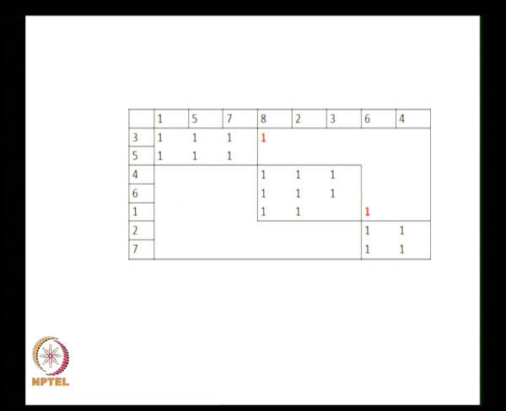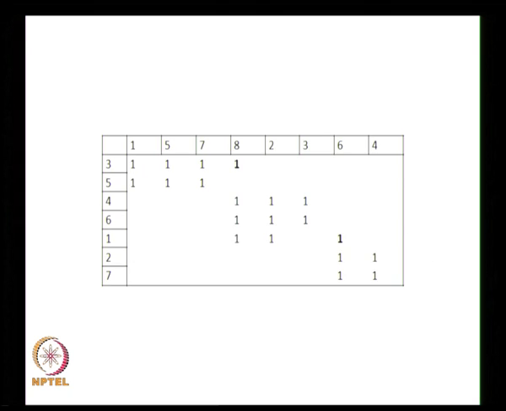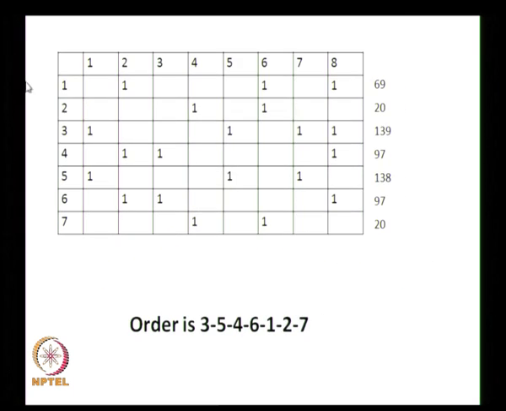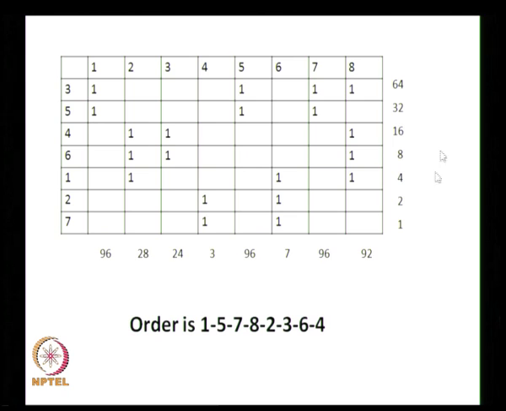Now when the initial rank order clustering algorithm was first proposed, we were giving weights like this. I had indicated that the weights corresponding to these 8 columns would be 1, 2, 4, 8, 16, 32, 64 and 128. Similarly, the weights corresponding to the rows were 1, 2, 4, 8, 16, 32 and 64.